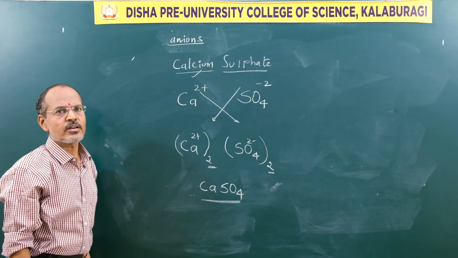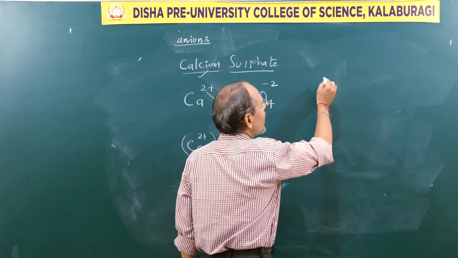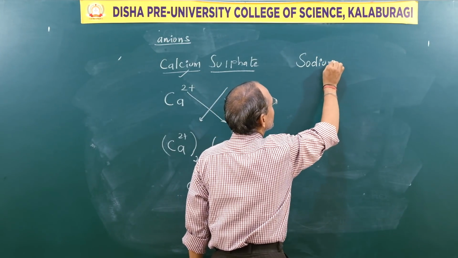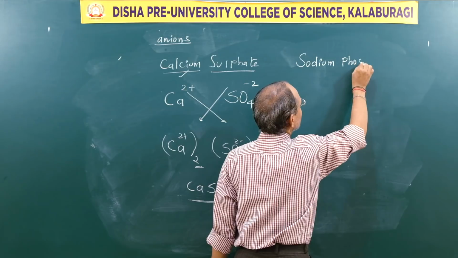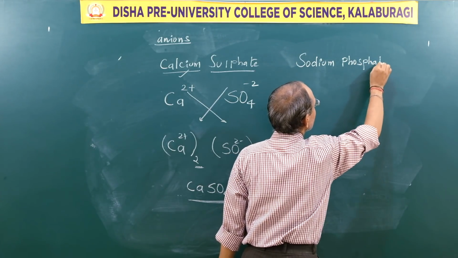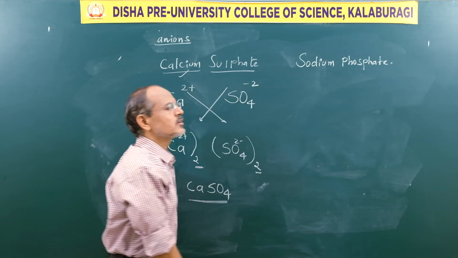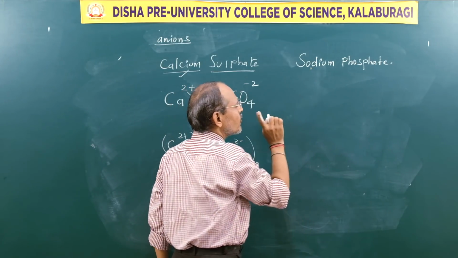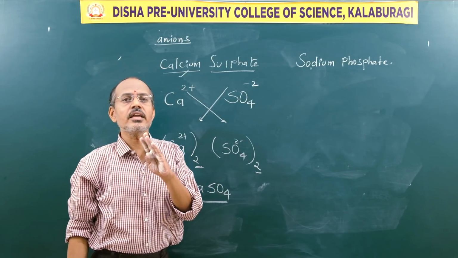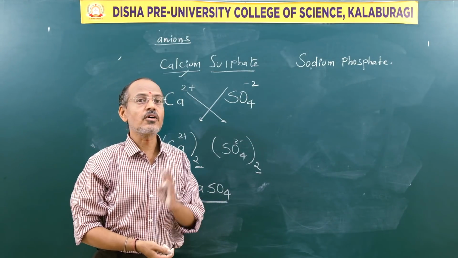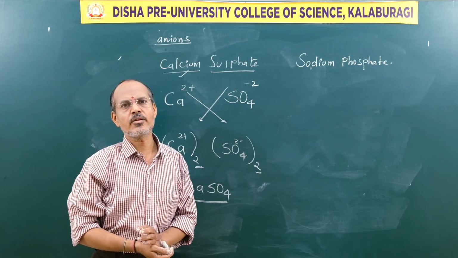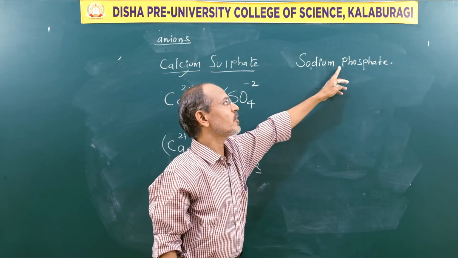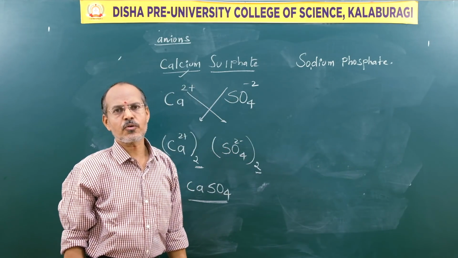Now we'll have a second example called sodium phosphate. How to write this now? First you take sodium. One thing is that generally while writing inorganic compounds, salts, or acids, we always present the cationic portion first, followed by the anionic portion.